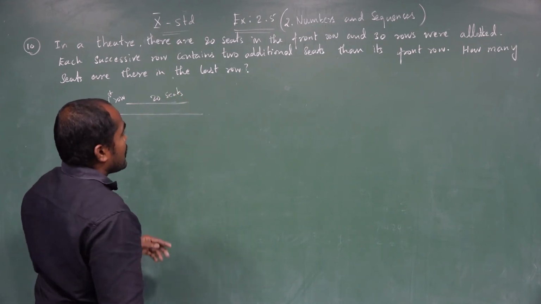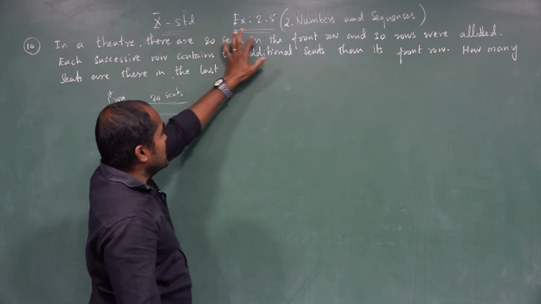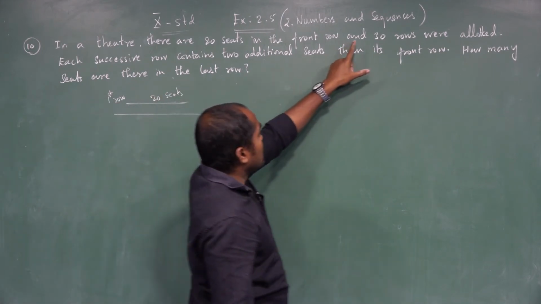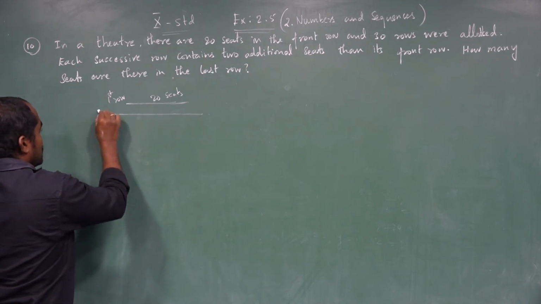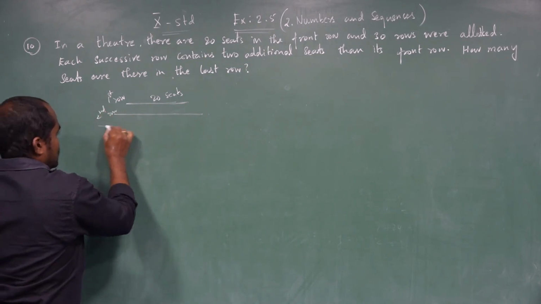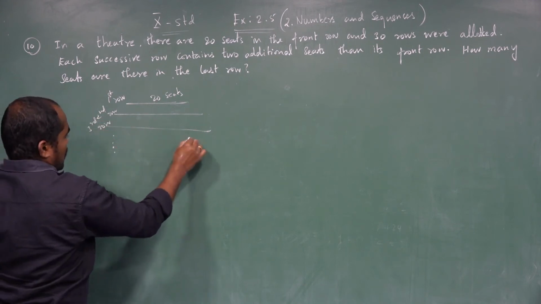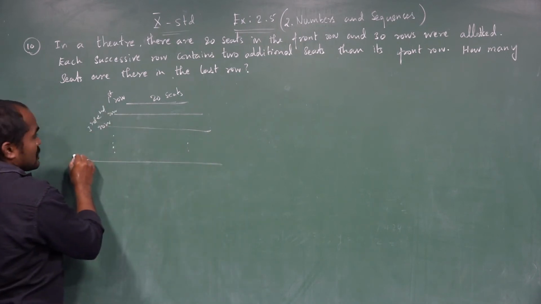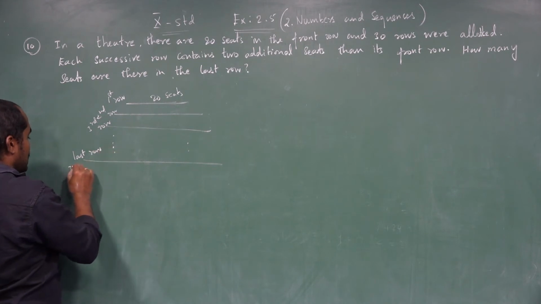Second row, what's our condition? Front row contains 20 seats and 30 rows are allotted. So first row, this is second row, and this is third row. In the same way, consider this is the last row, that is the 30th row.